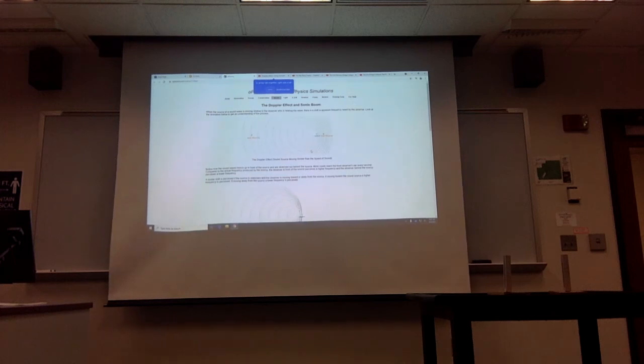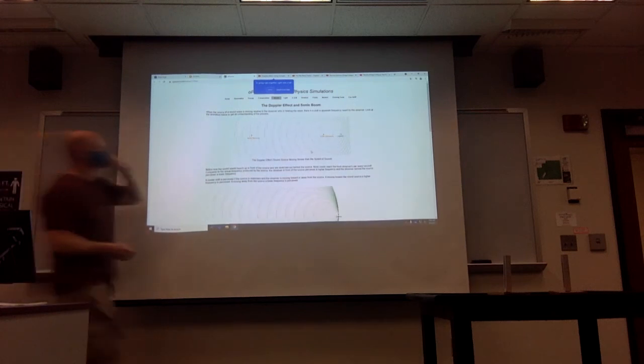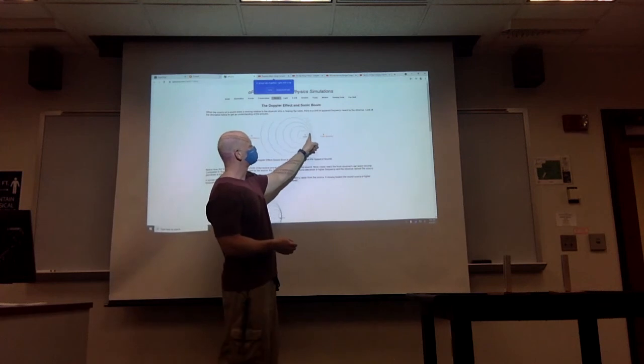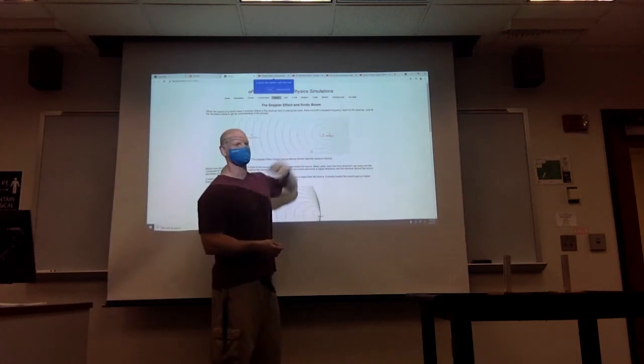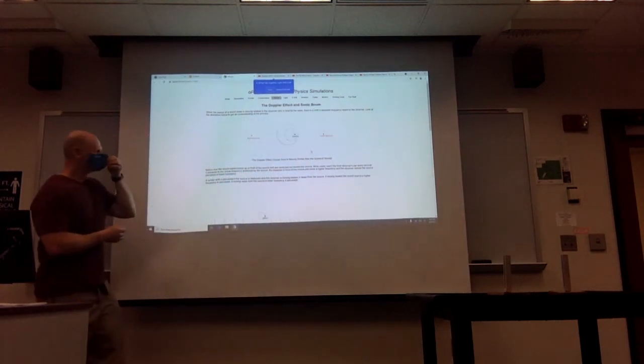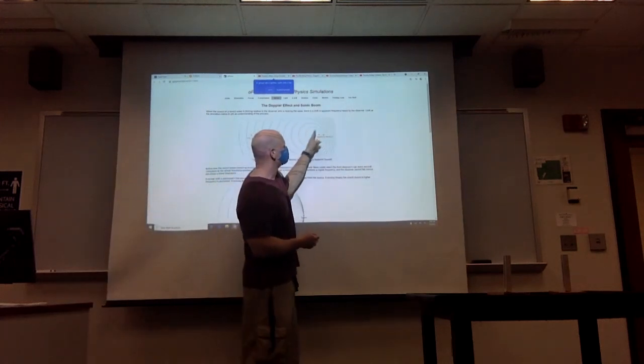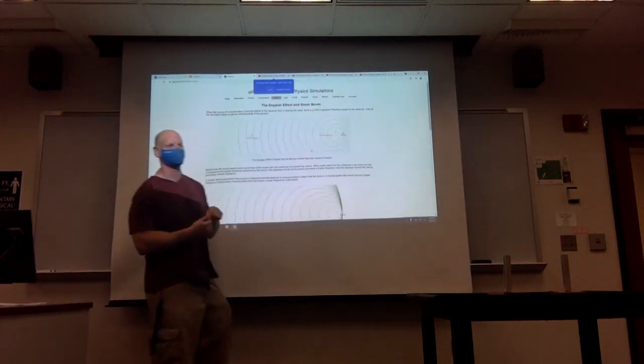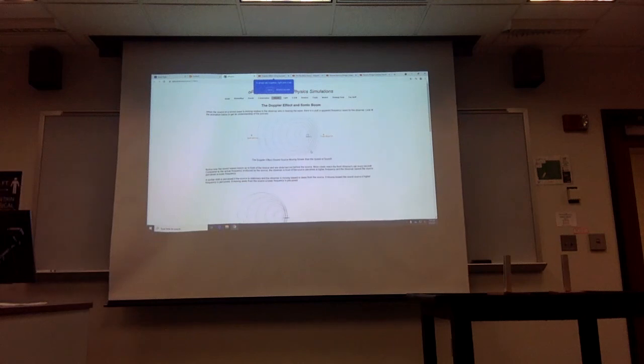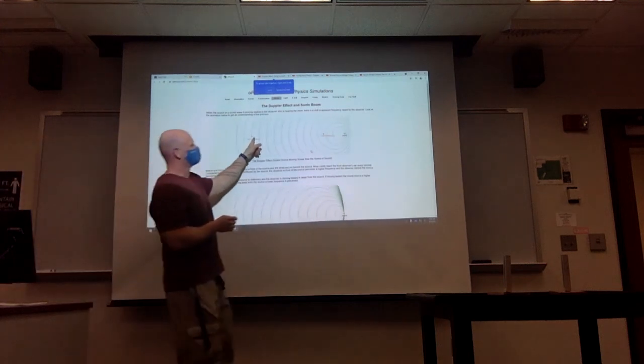If the source was stationary, they wouldn't be as squished up on this side; they would be equidistant at all times. But as it's moving, the sound is moving in this direction, but the source is also moving in this direction, which means the distance between consecutive pulses has shortened due to the motion of the source. Now for the back observer, the opposite is true.